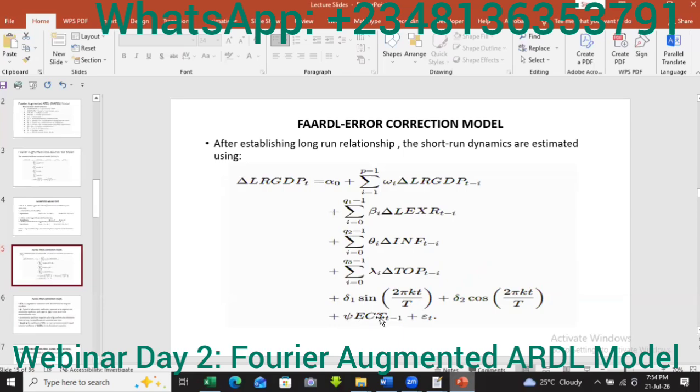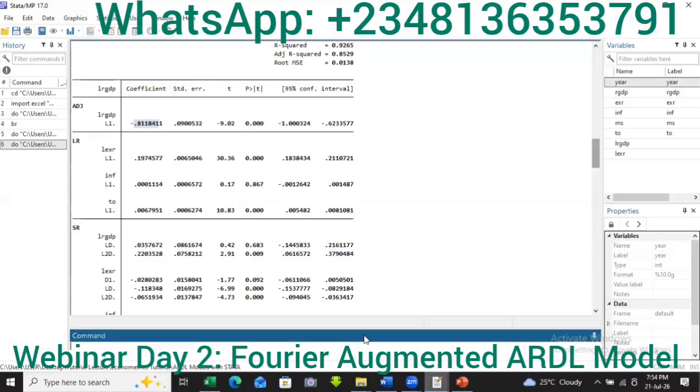So this ECT lag 1 is equivalent to this log of GDP lag 1, and the psi that we have is equivalent to minus 0.81.